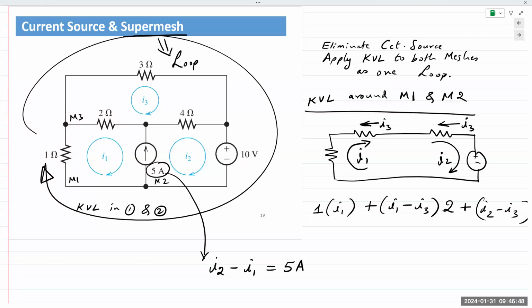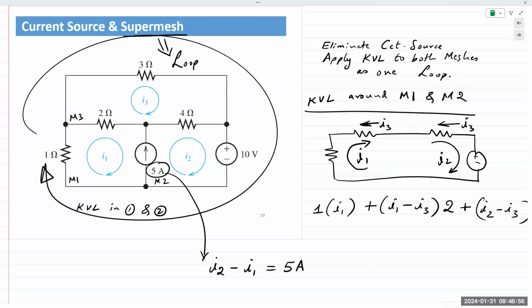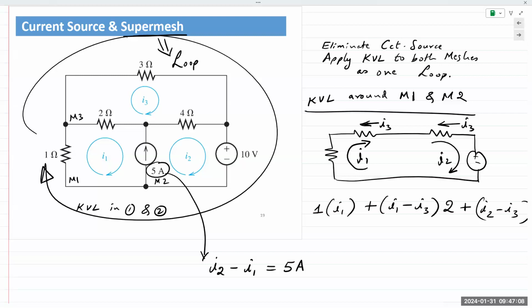If we look, how many components are there in that big outer loop? 1, 2, and 3. So we have 3 ohms, 1 ohm, and 10 volt source, only 3 voltages. So the equation is actually smaller than the equation that you take for this super mesh.